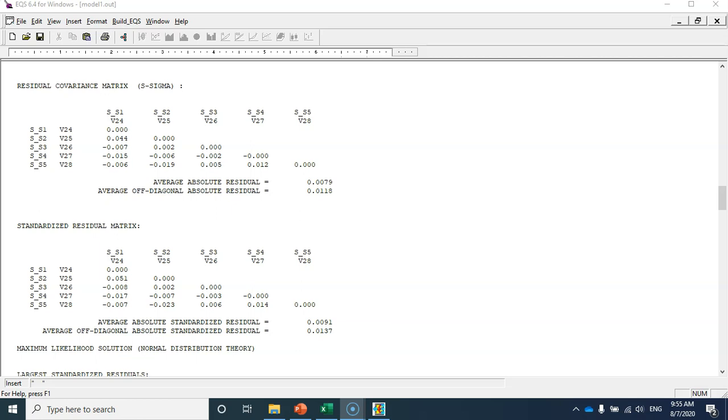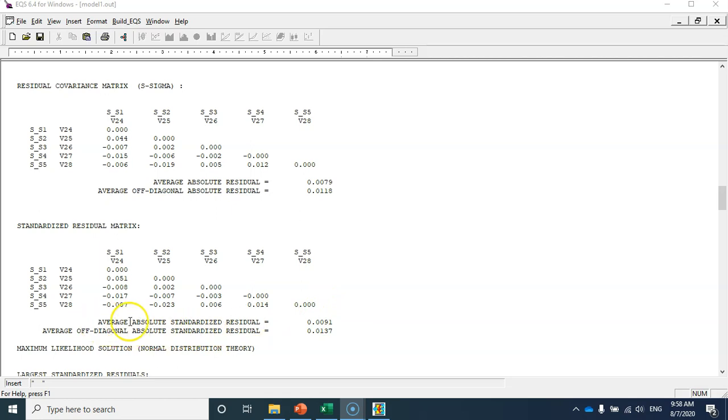Okay, now for a good fit of the model to the data, we expect the residuals to be small and also evenly distributed in this standardized residual matrix. So large residuals associated with parameter estimates indicate their misspecifications in the model. Note that two averages of the standardized residuals are also printed below this matrix.